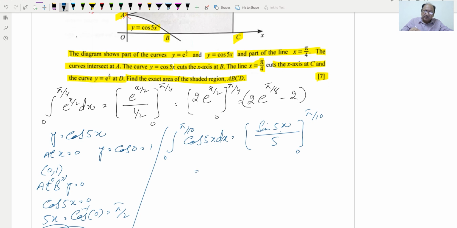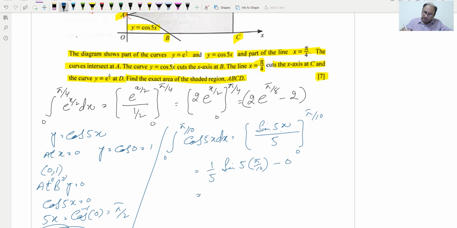If we replace the upper limit, it will be 1 over 5 sine of 5 into pi by 10, and sine 0 is 0, so I'm not writing that, or you can write minus 0.